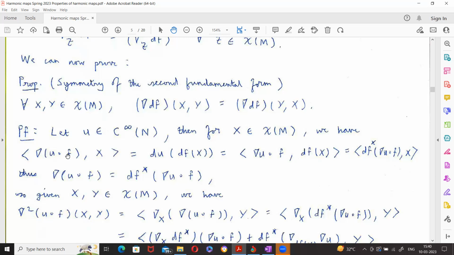So since this is true for all x, these two vectors must be the same. Therefore we get a formula for the gradient of a composition. The gradient of u composed with f is df star of grad u composed with f. Okay, is this clear?